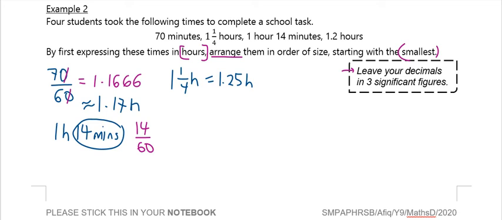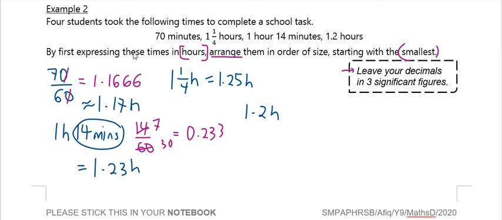When you use the calculator, it is 7 out of 30, which is 0.23333. So your answer will be 1 hour plus 0.233, which is 1.23 hours. So that's the third one. And lastly, it is already 1.2 hours.